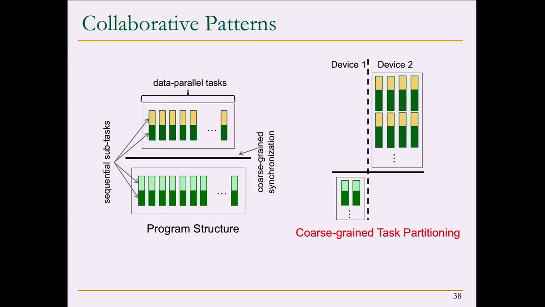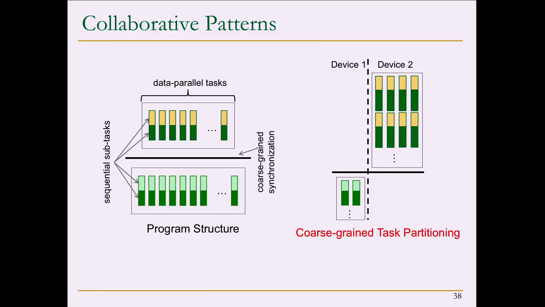Observe that it is still possible to have some concurrent execution with this coarse-grained task partitioning approach, even though you don't see that in the slide. How is it possible? For example, let's assume that we are processing a video stream that is composed of many frames, and for each of the frames, we execute some computation on the GPU, and afterwards, some computation on the CPU, or the other way around.